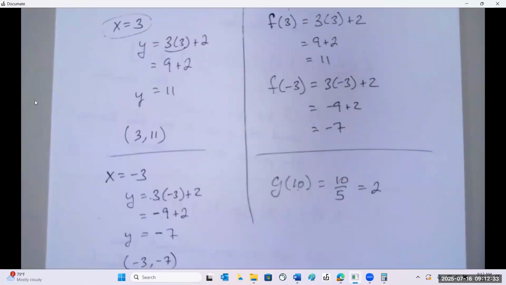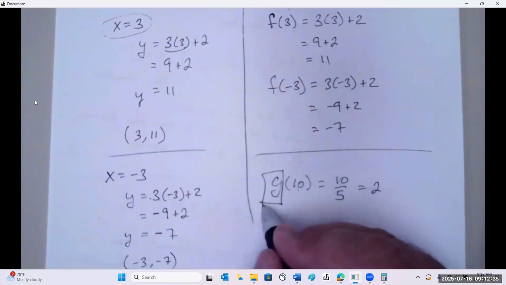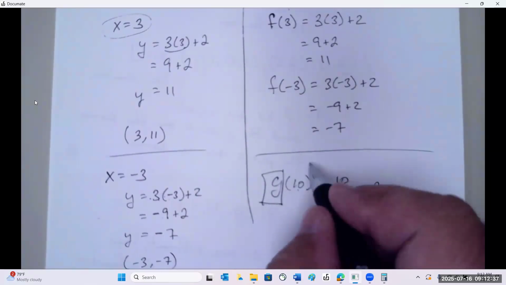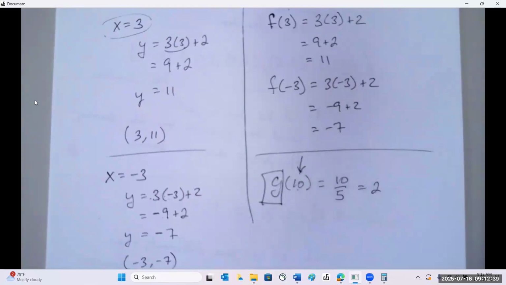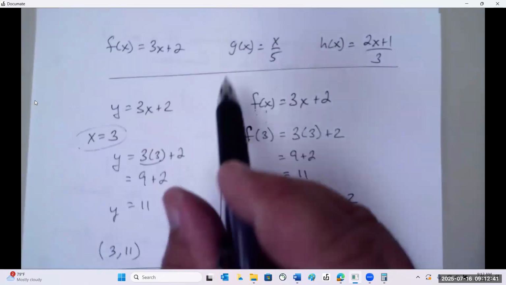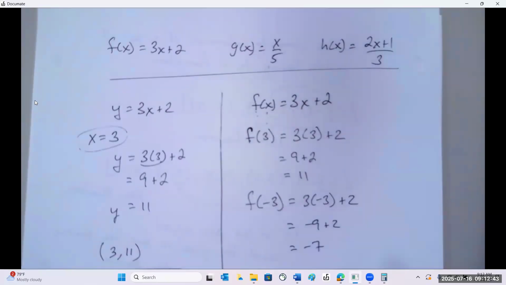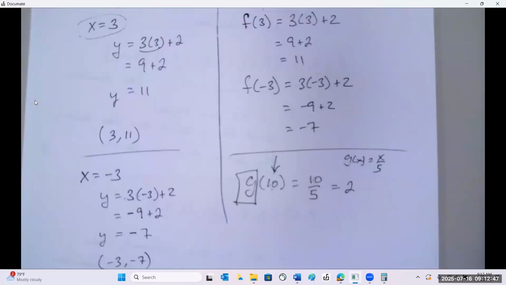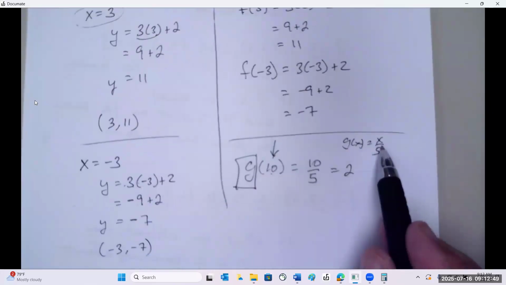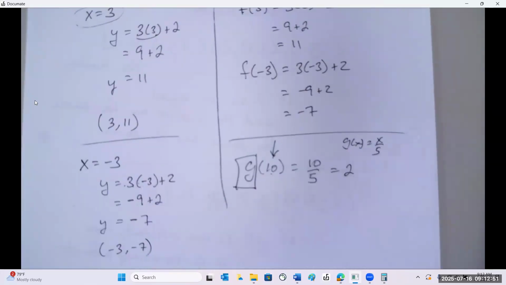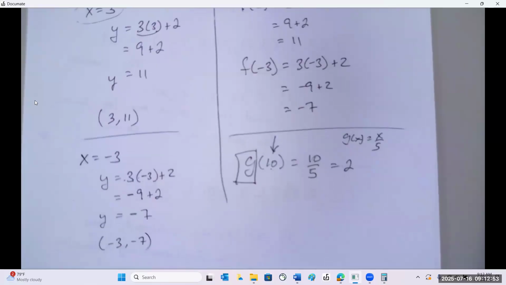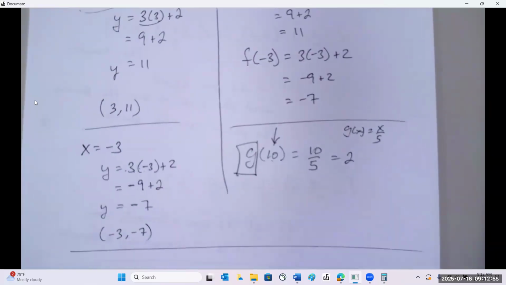That's how you use functions. This is the name. Go look for that function and put this in x. So g of x is x over 5. Anywhere I see an x, I put a 10. So that's the beauty of it.